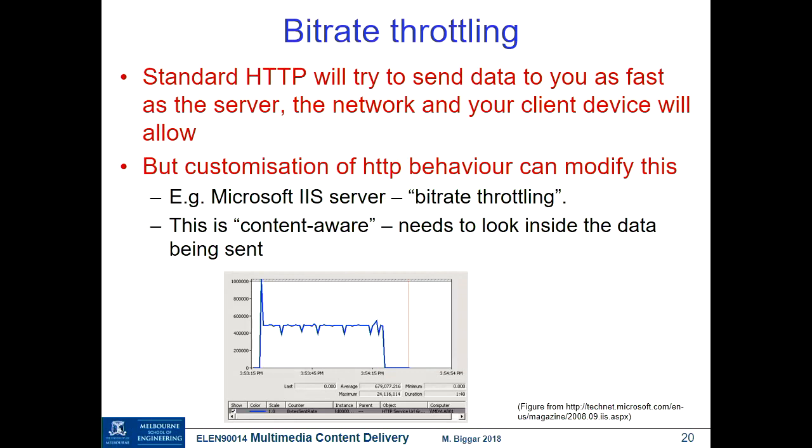So that's maybe a bit of a solution to this problem of wasted network resources for video that's not viewed. But it does mean that we've lost the independence of the layers. Right? This HTTP thing, it's not pure HTTP, it's customized, and it's not independent of the application. HTTP shouldn't know what it's carrying. It should just be bits.